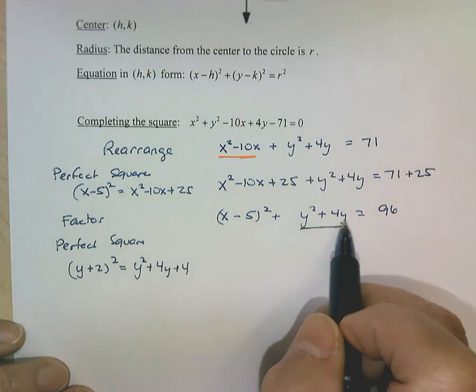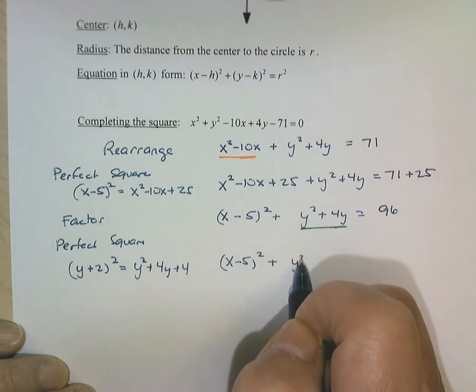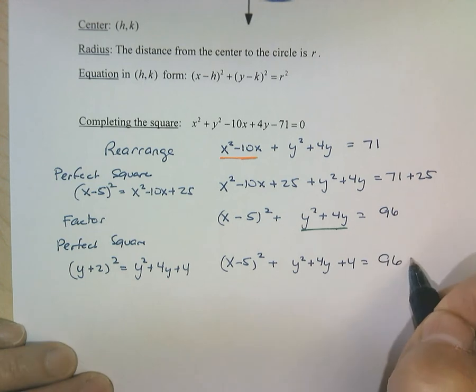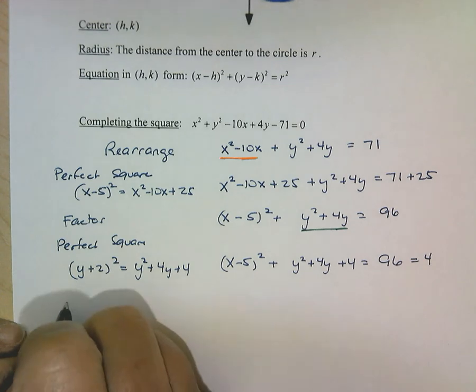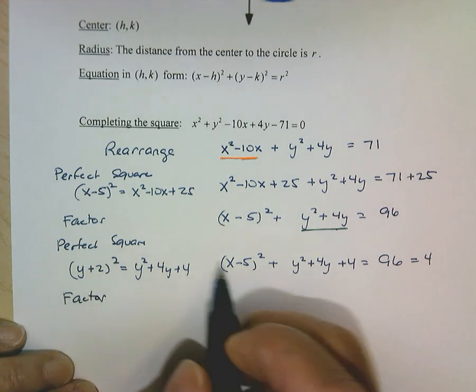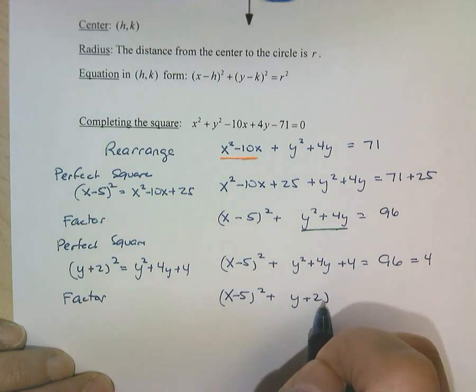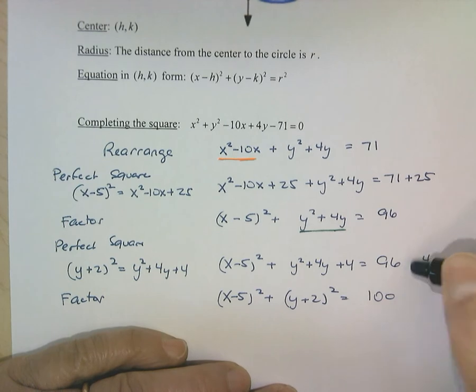So that means I want to add 4 here. But if I add 4 on the left side, I have to add it on the right side of the equal sign. Now I can factor. Oops, that was plus 100.